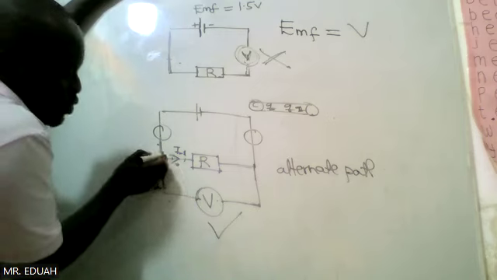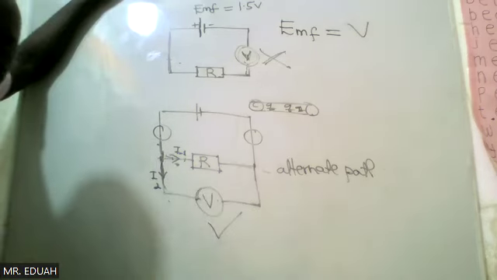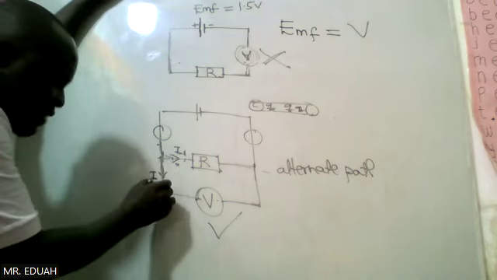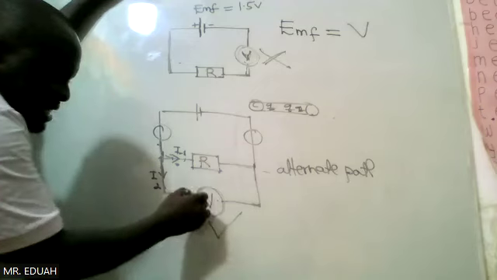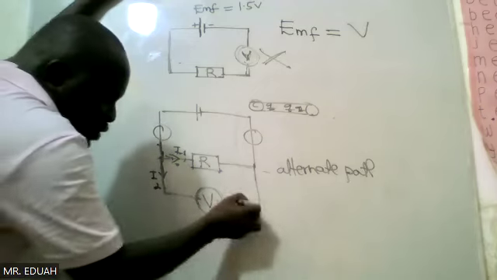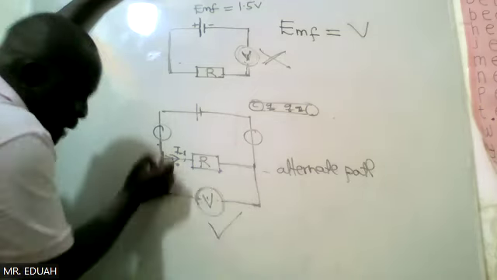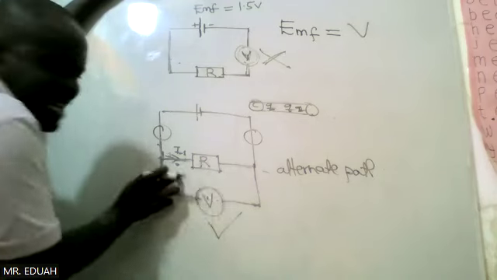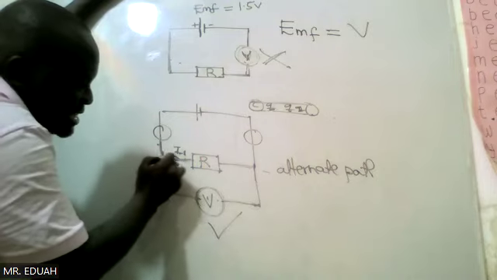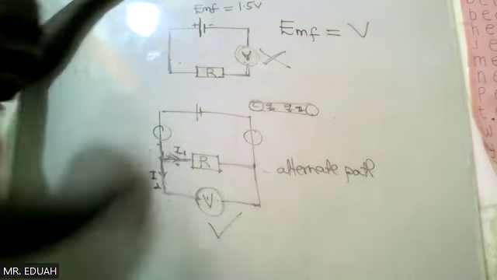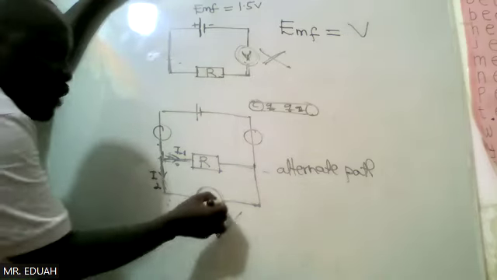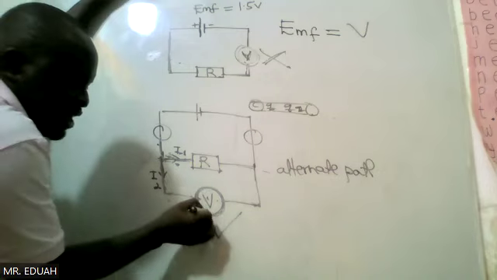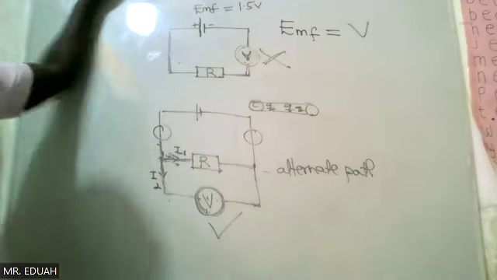It will come back to this part and go. Yes, current will still flow through this, but when it gets to the voltmeter it cannot continue. This will block it, so it will come back to the original path. So by creating an alternate path, current can still go through. That is why, when you want to determine voltage drop or potential difference, we say connect the voltmeter across.